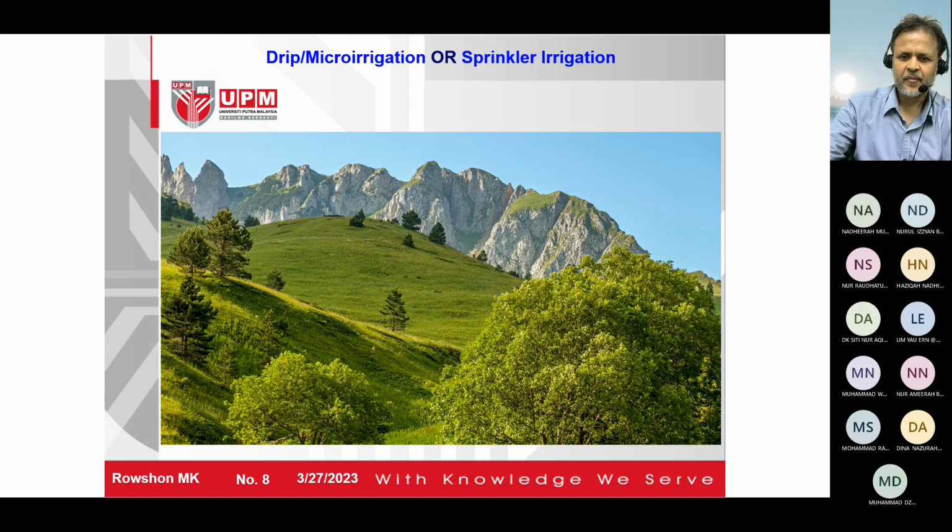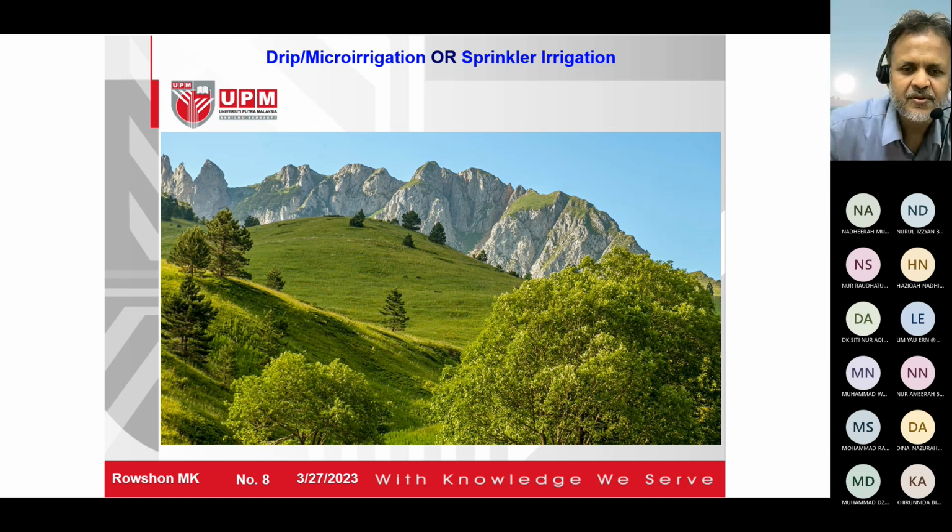But when you use the micro irrigation system, how does it apply water in the root zone depth? When we apply the device with the pipeline, you put the emitter.